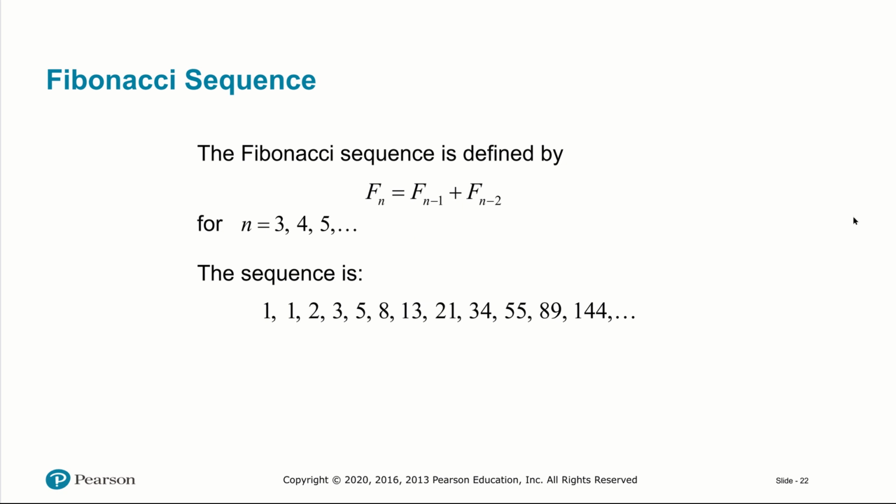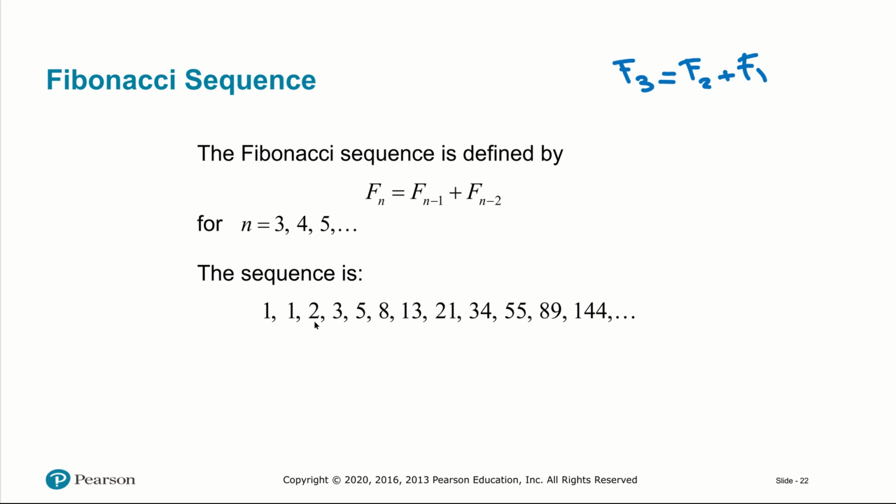For example, starting with n equals 3, this tells me that the third term is going to be f. Remember, n is 3, so n minus 1 is going to be 2. So it's going to be f2 plus, and n minus 2 is going to be 3 minus 2, which is 1, f1. So it means the third term is the sum of the first two terms. Is that true?